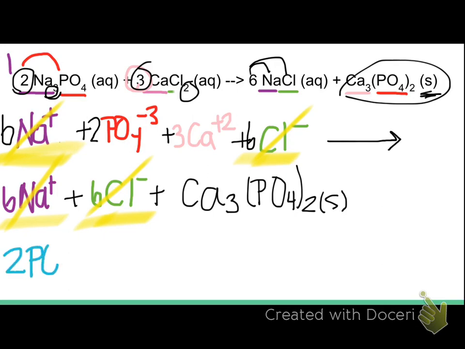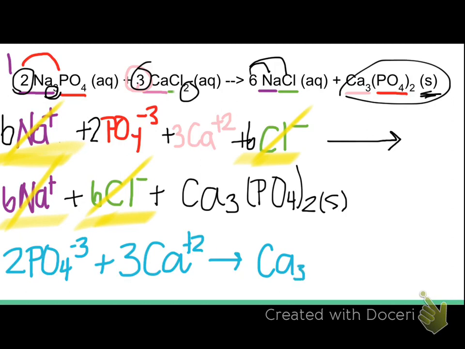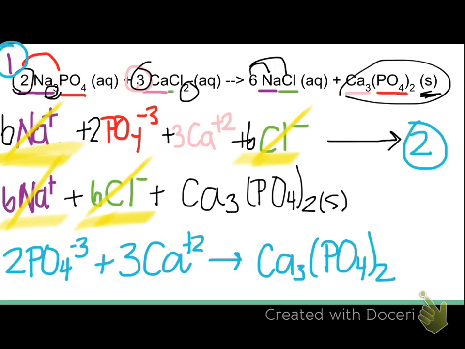I'm left with 2PO4 minus 3 plus 3Ca plus 2 yields Ca3(PO4)2. Okay, and that is your net ionic equation. So step 1 up here, writing your first one. This was step 2. And then here was our third equation.